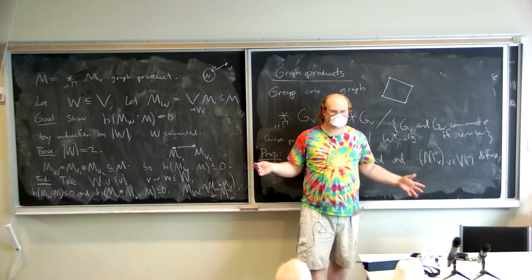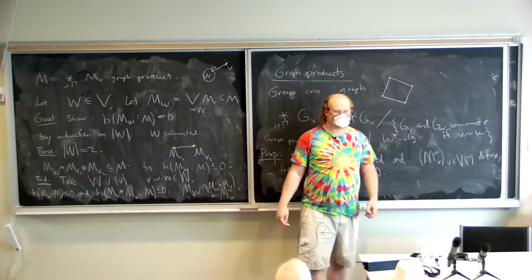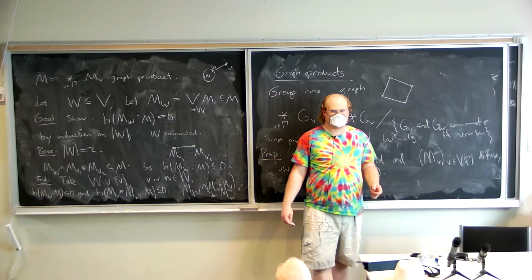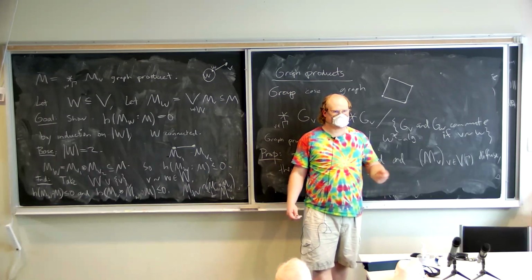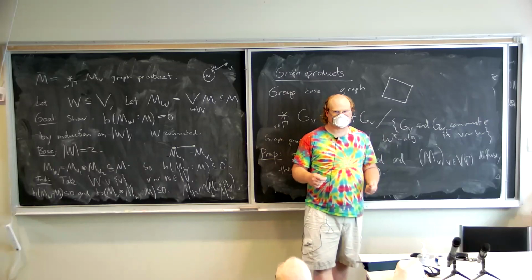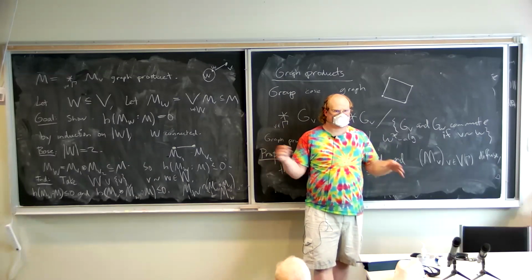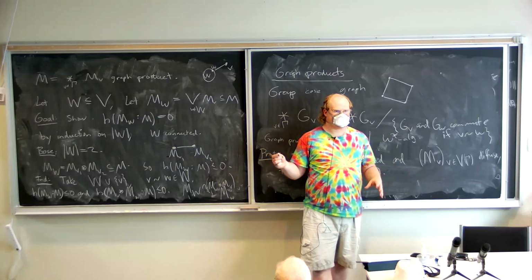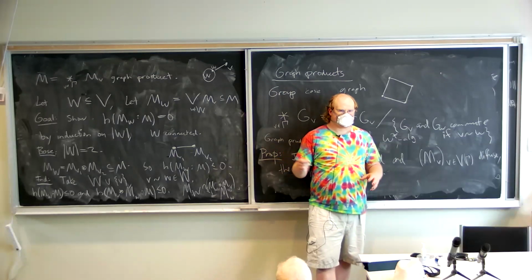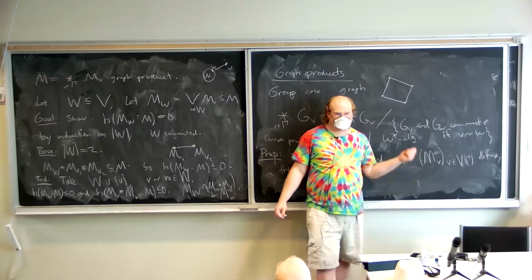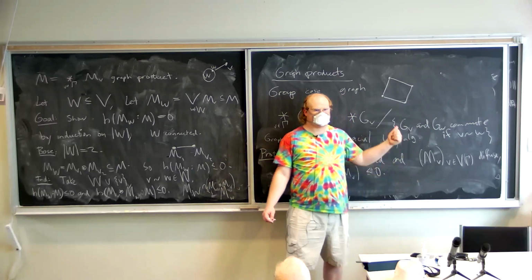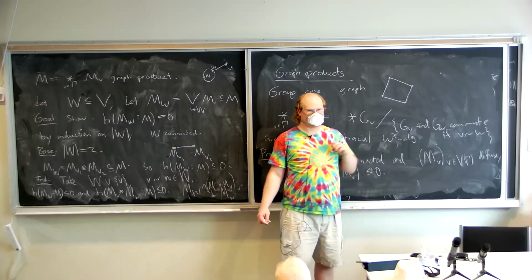Like if your graph is a tree and you put a matrix algebra on each vertex, then using the work of Dykema on free products with amalgamation over finite dimensional things, you can show that this is going to produce an interpolated free group von Neumann algebra. And so this in particular will have H which is infinite. So you can get this to be infinite for some cases when you have finite dimensional things on the vertices.